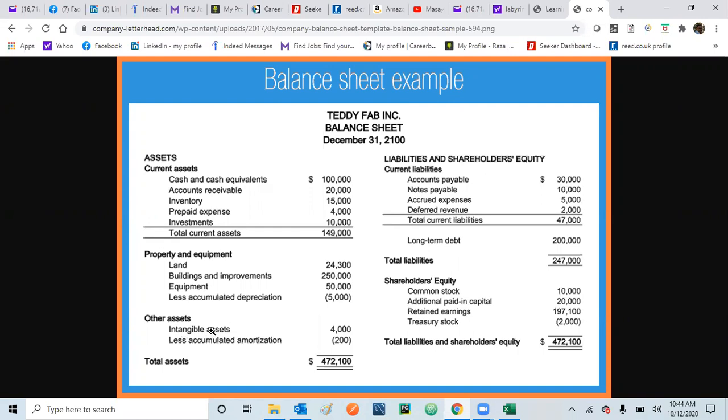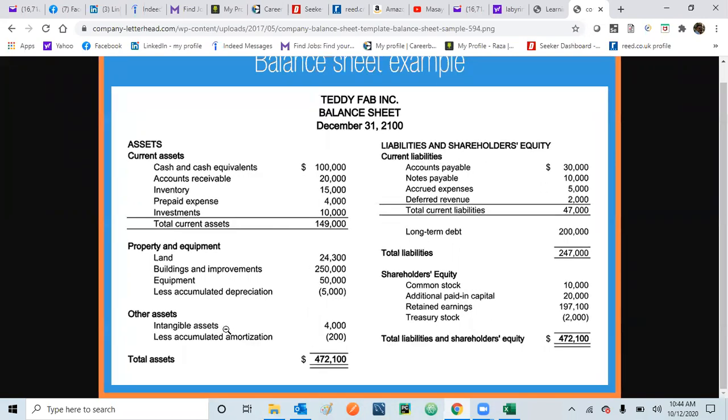So you must have spent some money to get those things done. You can put that money, your investment, as the cost of those assets, as your intangible assets.